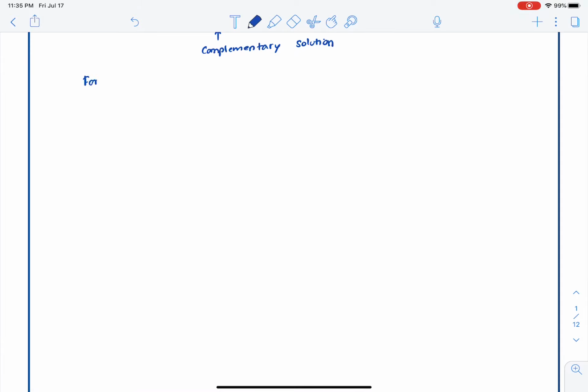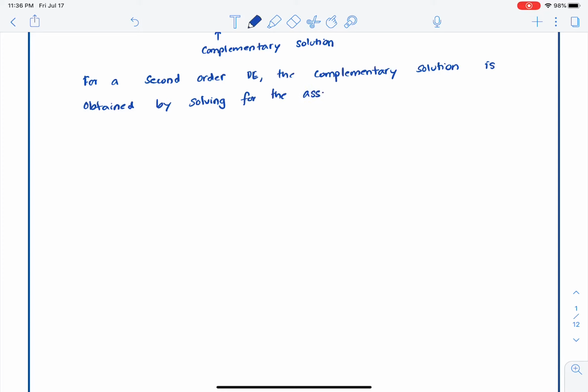Now, we know for a second order DE the complementary solution is obtained by solving for the associated homogeneous equation, and we know the solution is of the form yc equals c1 y1 plus c2 y2.